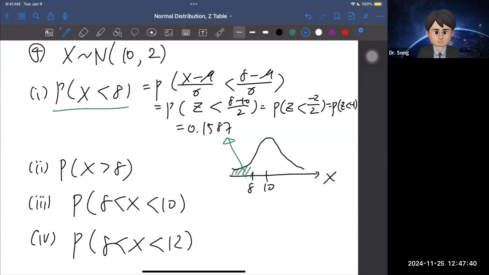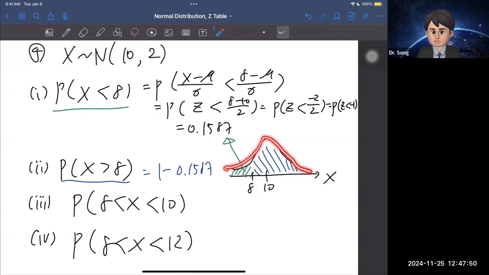Now the second question asks for the probability X is greater than 8. This blue shaded area is 1 minus 0.1587. Again, the total under the distribution is 100%, 1. To find this blue shaded area, it is just 1 minus this green shaded area.